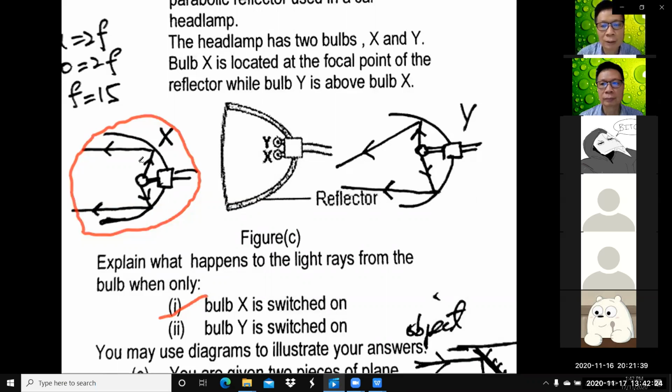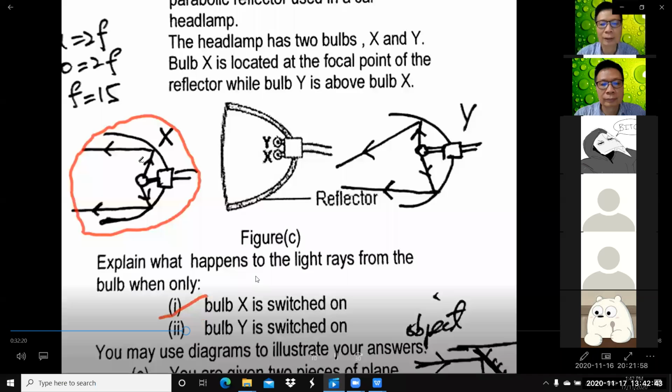Therefore, bigger area is brightened. That's all. That's the answer for part 1.